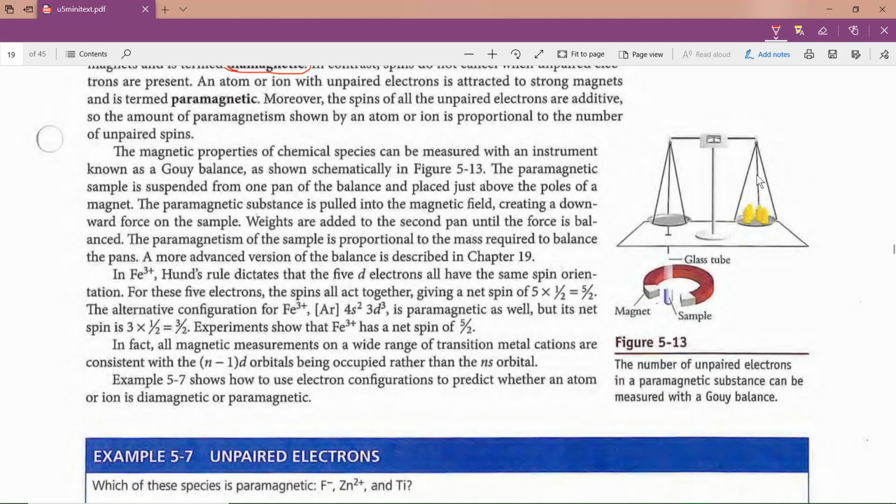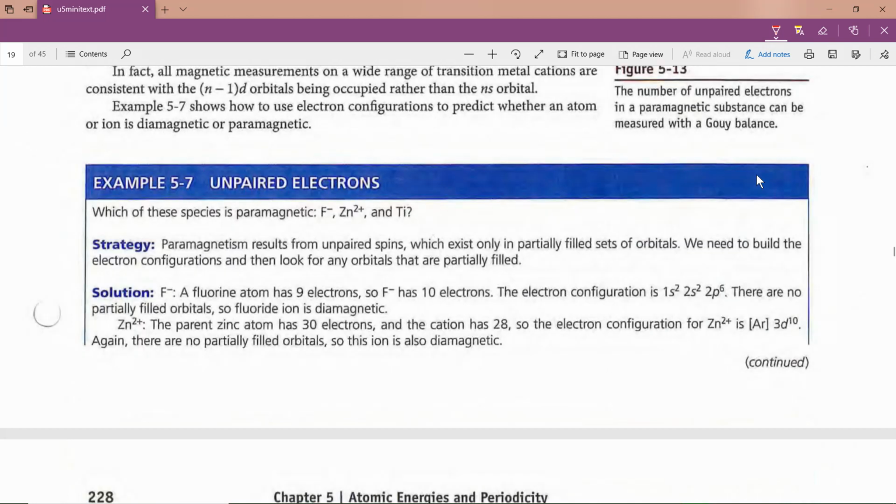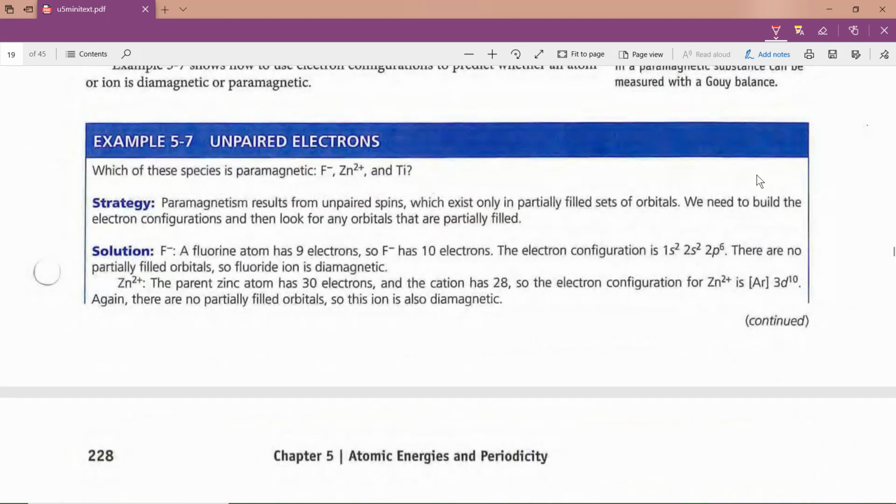Okay, so you could check out things as we see in example 5.7, where you have F-, Zn2+ and titanium. So you want to know which one, if any, are paramagnetic. So if there's an unpaired electron, then it's going to be paramagnetic.